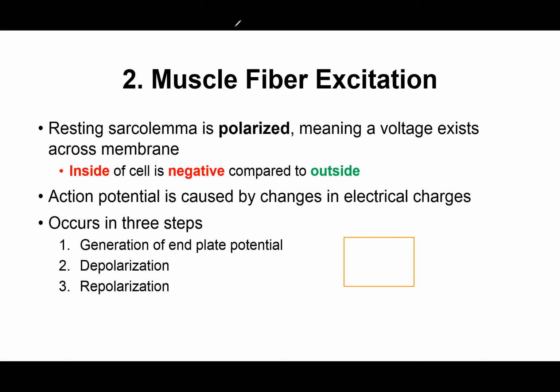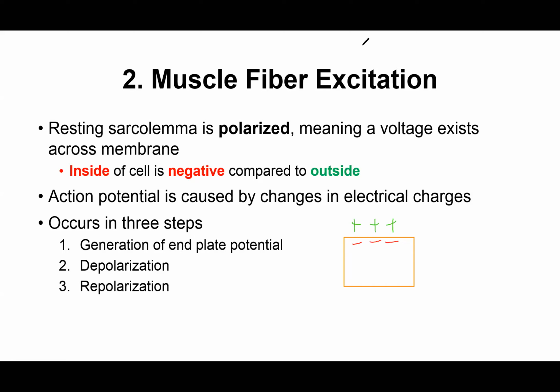The inside of our muscle fiber, our muscle cell, is negative compared to the outside. So the inside of our cell is more negative than the outside of our cell.